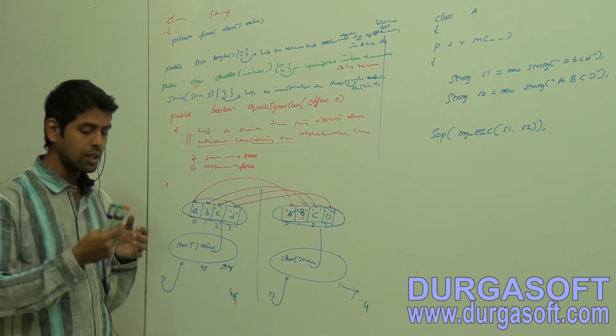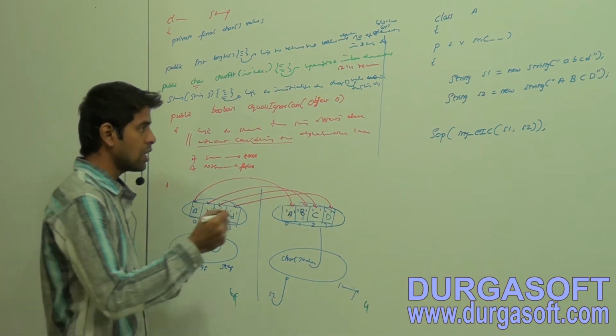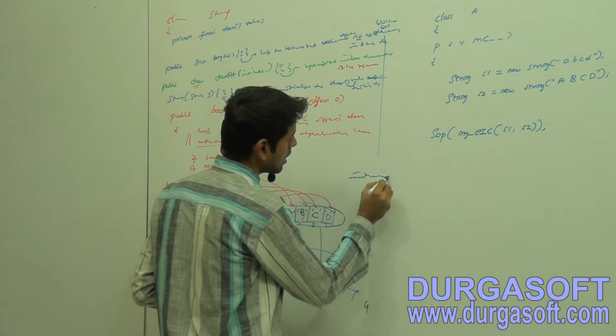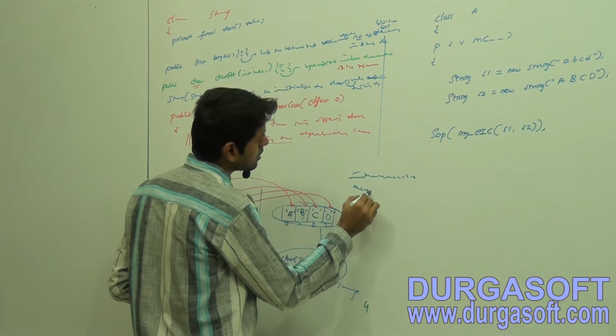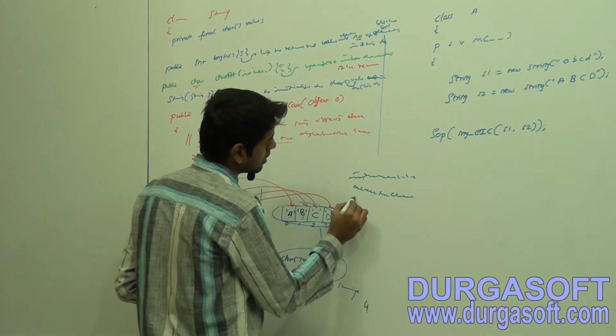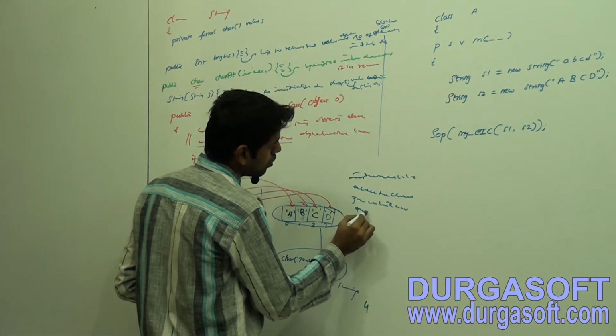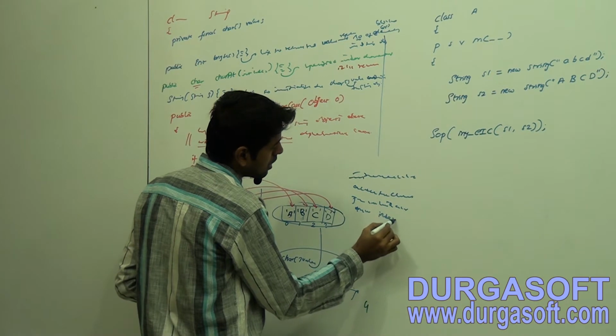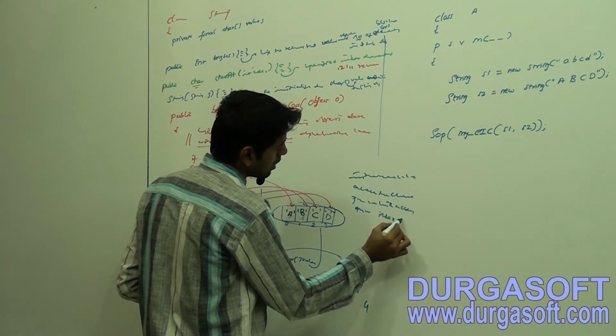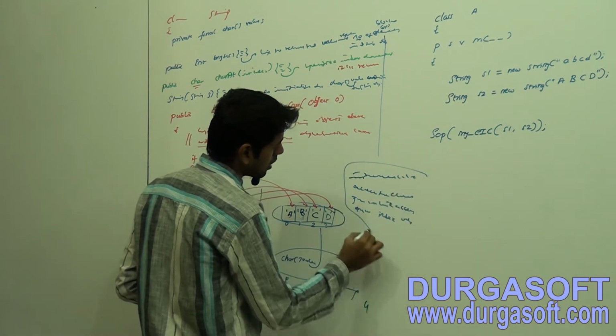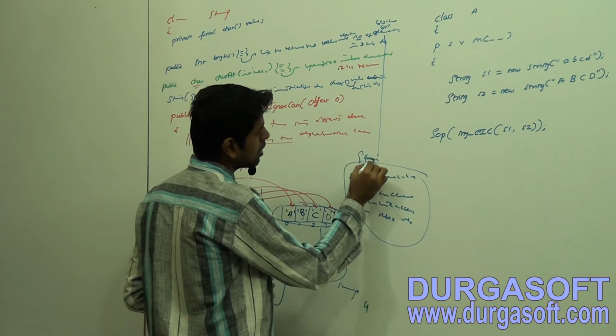And I said one thing to you: internally, to access the characters, the JVM will access them through index values only.